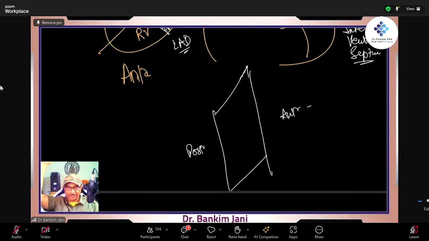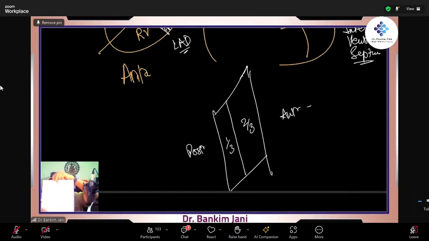This side is my right side, so right ventricle, this is left ventricle, and this paper is the septum which is in between. So there is anterior and posterior. If I divide this paper into 2/3 and 1/3, that is anterior 2/3, then posterior 1/3. That means this is the septum which is between the right ventricle and the left ventricle.